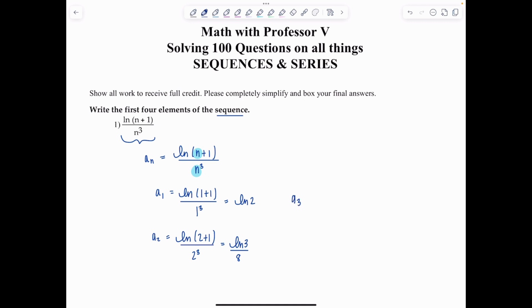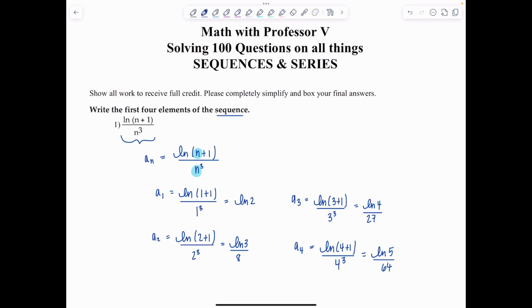A sub 3 is going to be ln of 3 plus 1 over 3 cubed. So that's going to be natural log of 4 over 27. And then a sub 4, natural log of 4 plus 1 over 4 cubed, ln of 5 over 64.